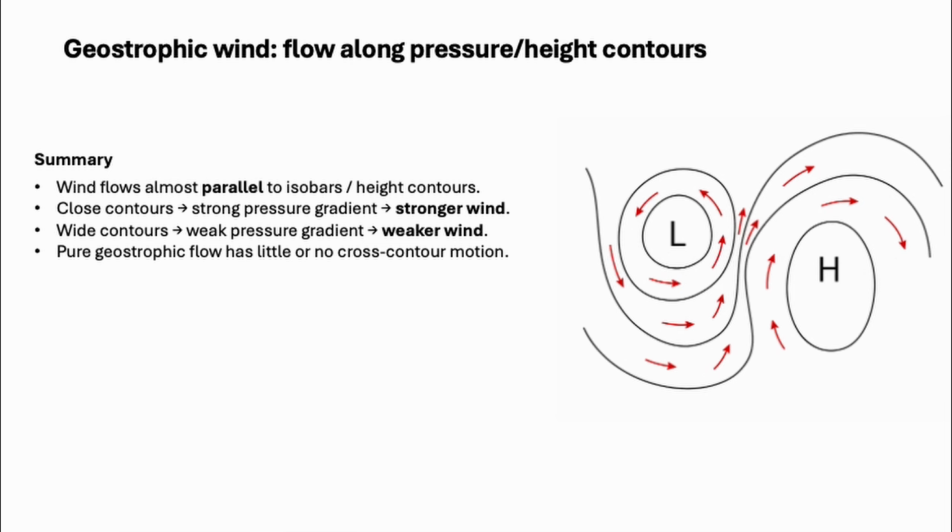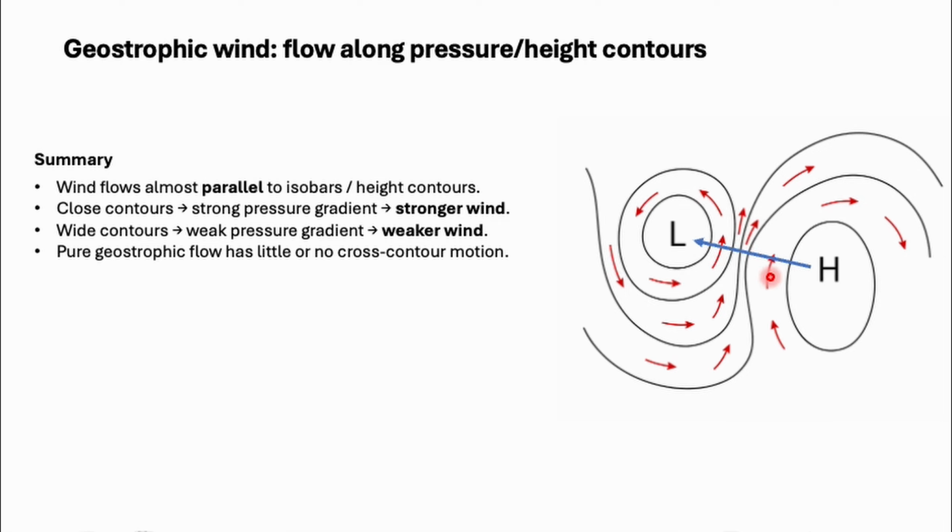To summarize, at high altitude, more precisely in the free atmosphere, the wind does not blow directly from high to low pressure. Instead, because the Coriolis force nearly balances the pressure gradient force, the wind flows approximately parallel to the pressure or geopotential-height contours. So the low and high are not detached. They remain dynamically connected through the pressure field.